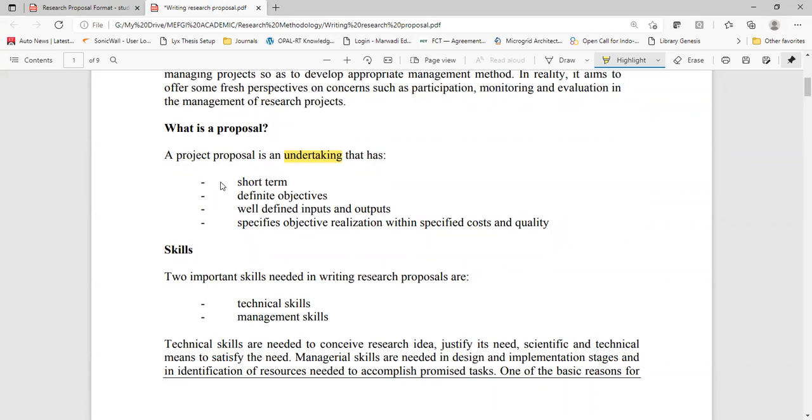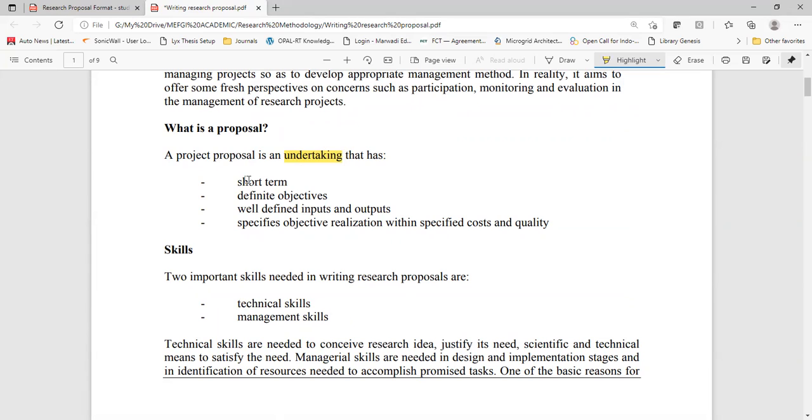It may be short term, like 1 year or 1.5 years. Sometimes many project proposals are written for a sufficient duration of 3 years. Sometimes you may get an extension of 6 months, but normally the duration of a project will be 3 years.